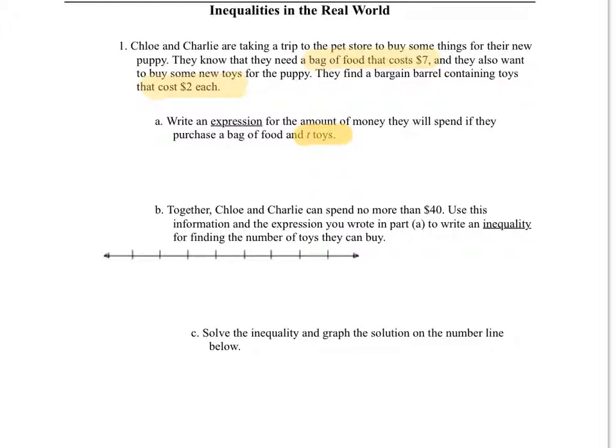So, we're going to do $7 for the bag of food plus $2 for each T toy. 2 times the number of toys.